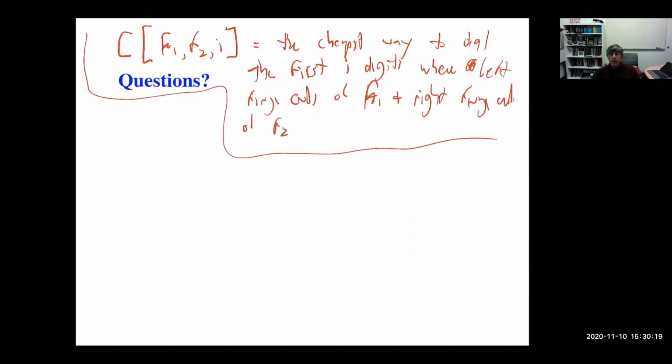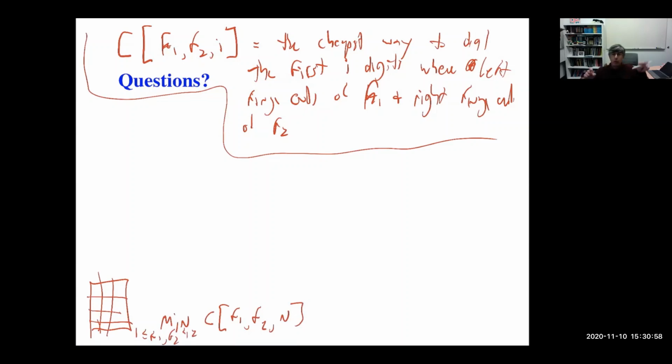Does everybody see that if I knew this function, I would know the cheapest way to dial the number, because I'm ultimately going to be interested in the min of C of F1, F2, N, as F1 and F2 are both between 1 and 12.